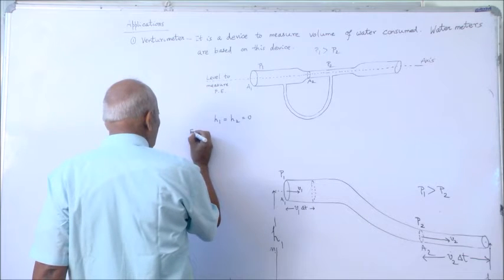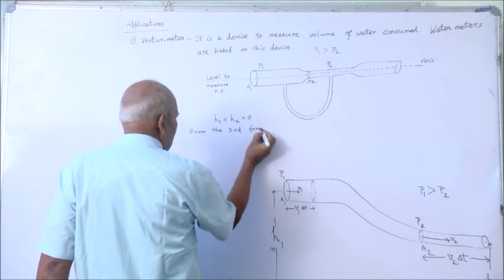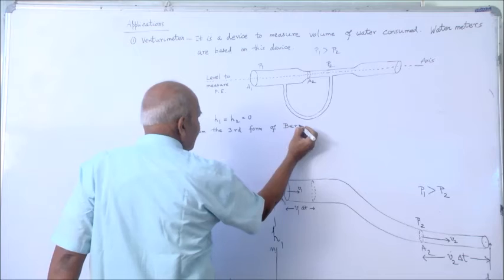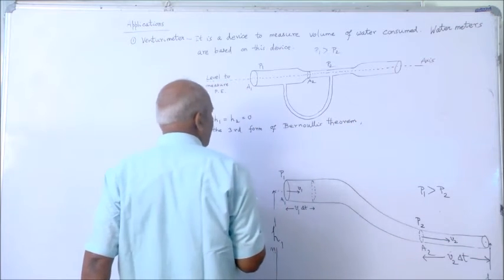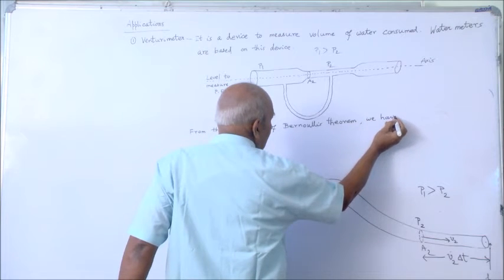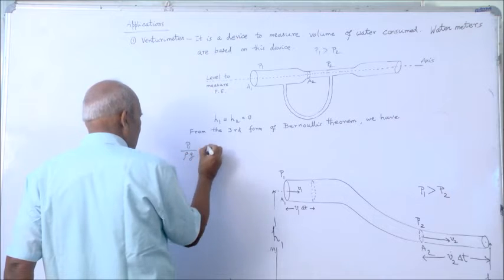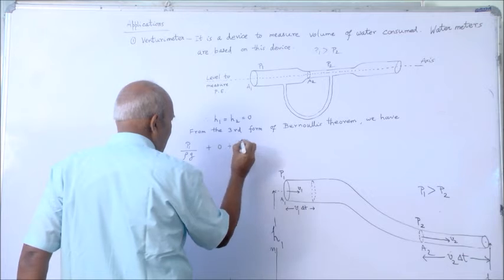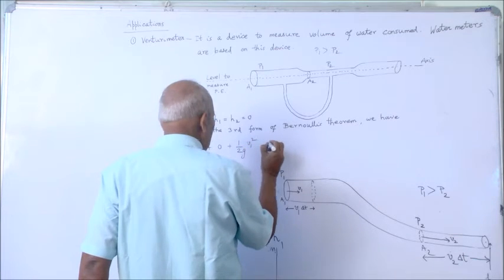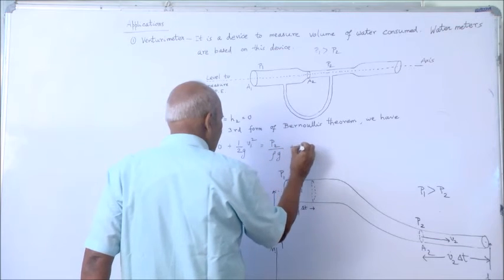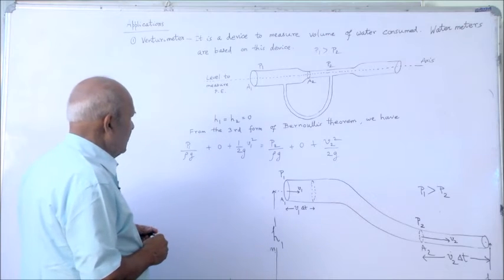Then from the third form of Bernoulli's theorem, we have P1 by rho g plus 0 plus half, then V1 square is equal to P2 by rho g plus 0 plus V2 square by 2g, because H1 and H2 are both zeros.